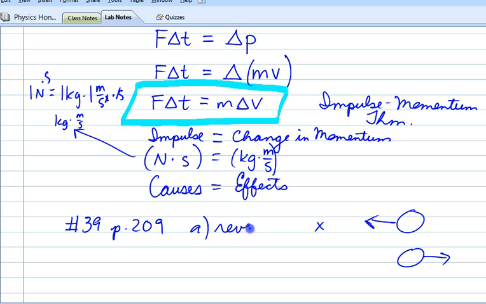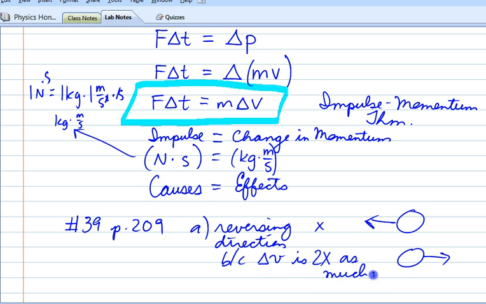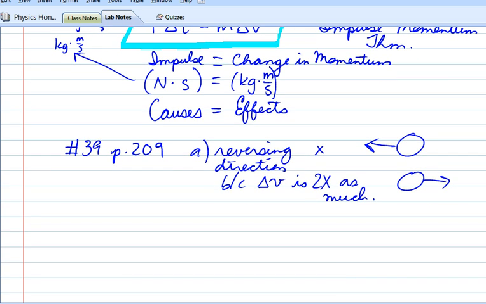Okay, so reversing the direction, because basically the change in velocity is twice as much as simply catching it. And you know this if you've played a sport, that if you try to reverse the direction of something instead of merely catching it, it's a lot more force. Okay, think about, for example, catching a football as opposed to punching it back in the other direction.